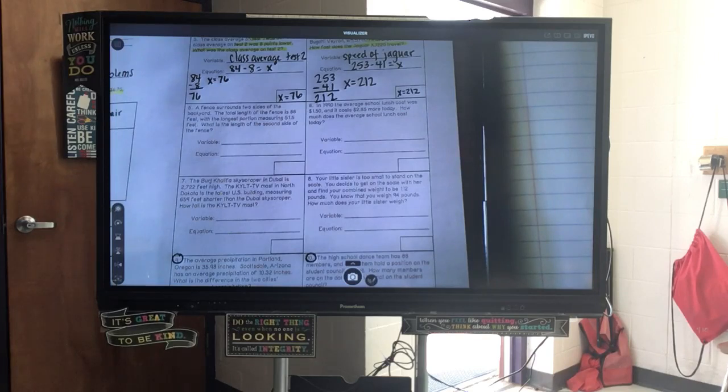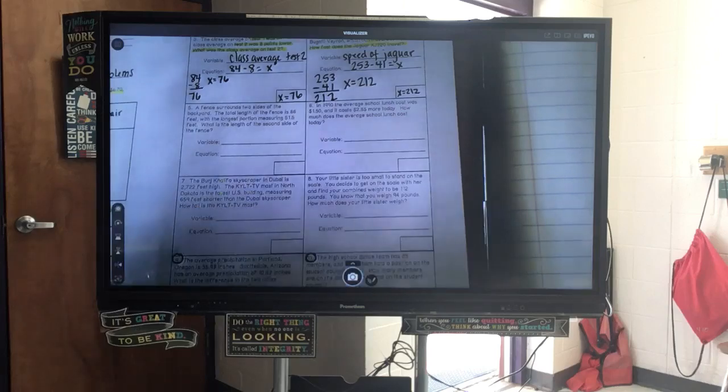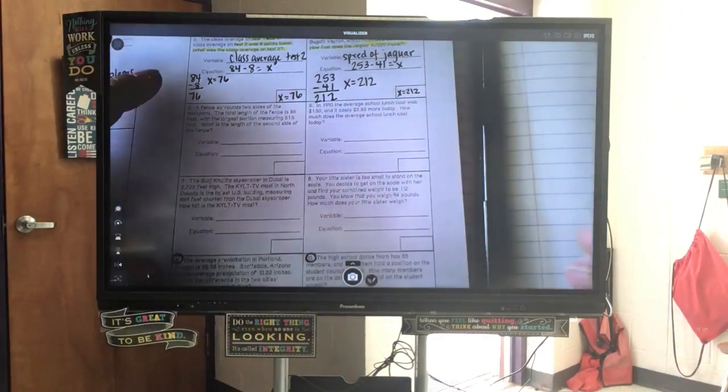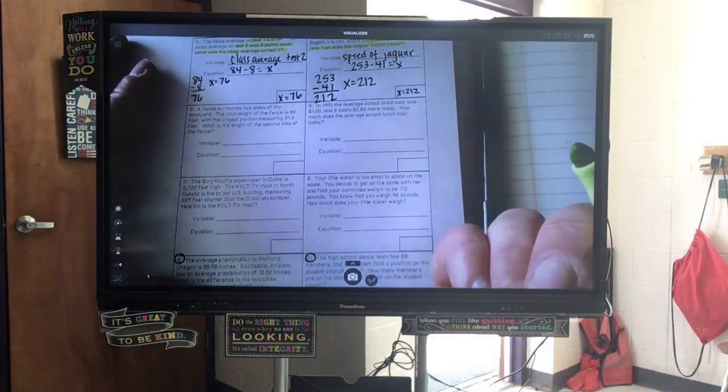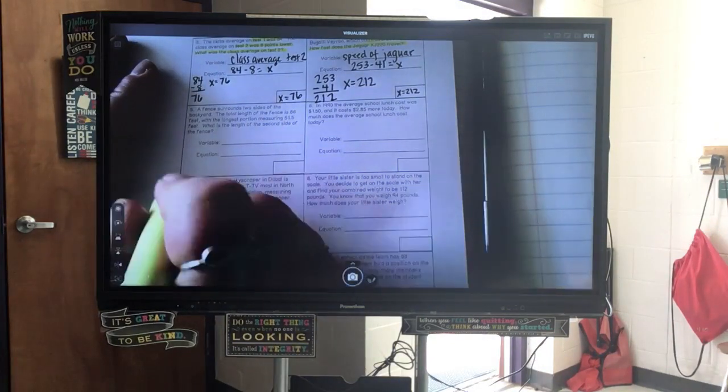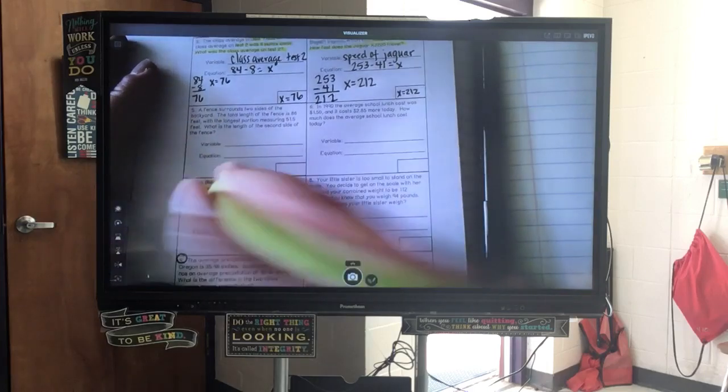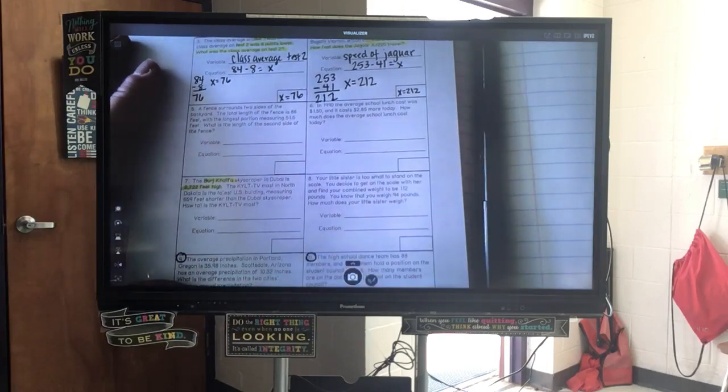How tall is the KVLY TV mast? Alright, so what's important in the first sentence? Cristiano? A skyscraper in Dubai is 2,722 feet high. Okay.